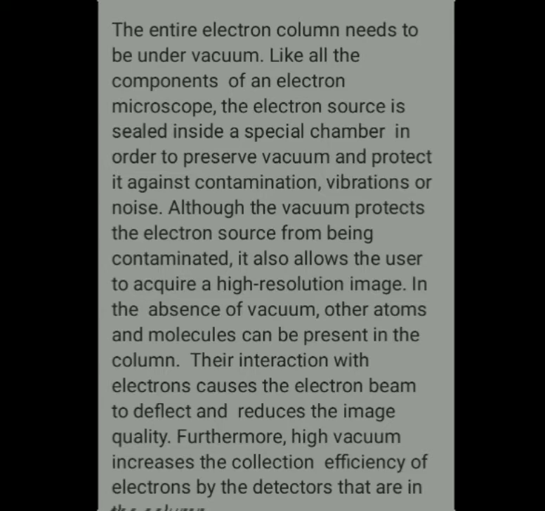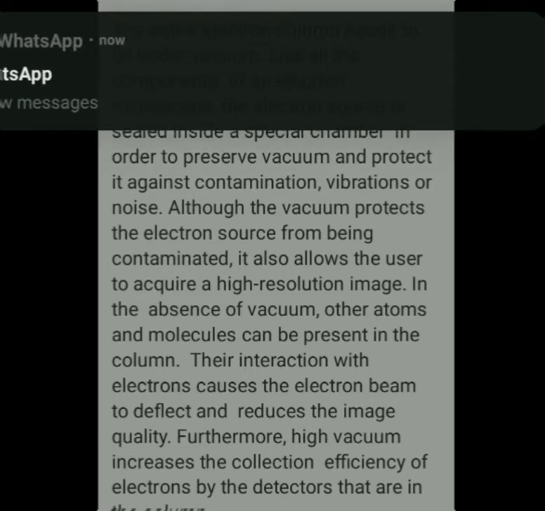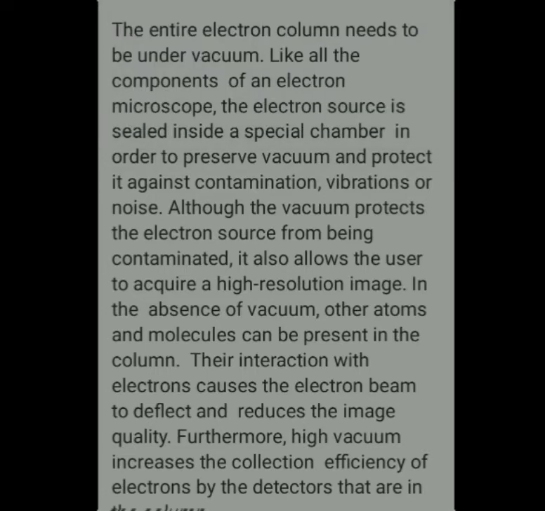In the absence of vacuum, other atoms and molecules can be present in the column. Their interaction with electrons causes the electron beam to be affected, reducing the image quality. Furthermore, high vacuum increases the collection efficiency of electrons by the detectors that are in the column.